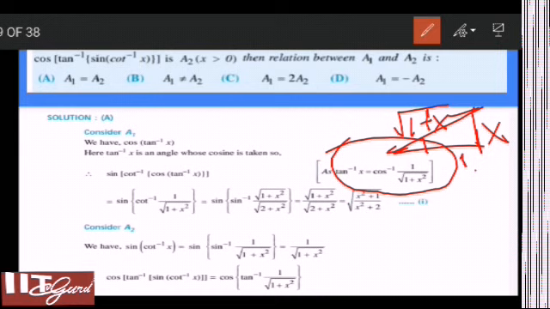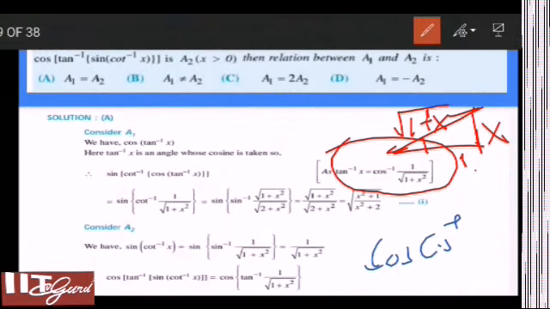So directly you can use this result, cos of tan inverse x. For tan inverse x, we can say cos of cos inverse 1 upon under root 1 plus x square. As you know, cos of cos inverse x is simply x under its domain.